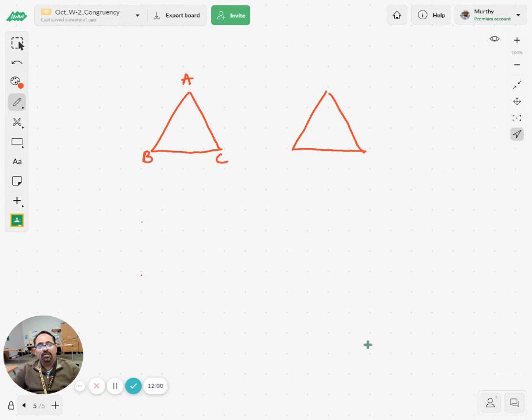say ABC and DEF. Now let's take BC equals EF. I'm marking these two sides as equal. And I'm taking that angle B is 50 degrees and angle A is 70 degrees.